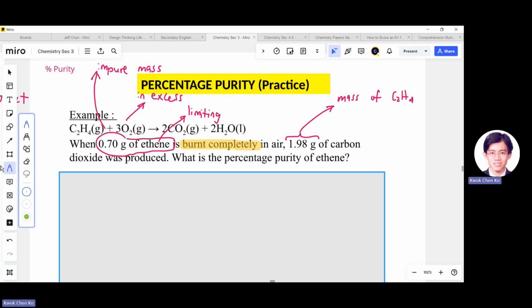But in between, you have a few steps. It's not a direct calculation.